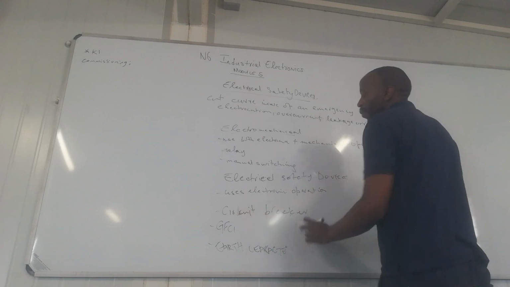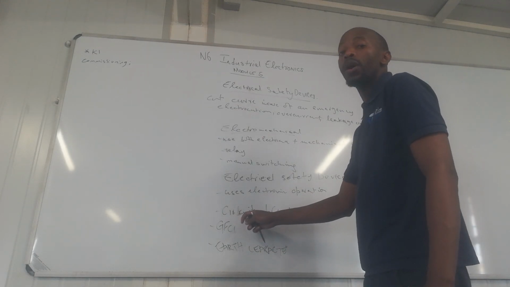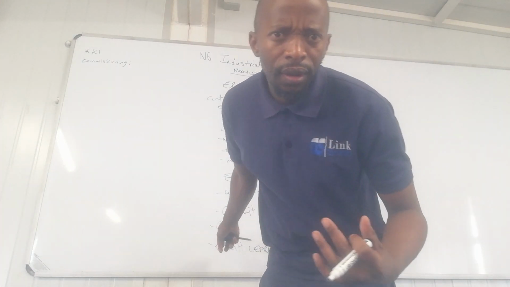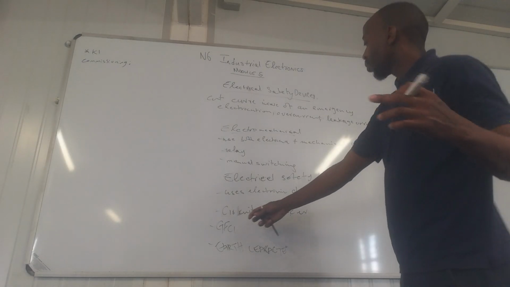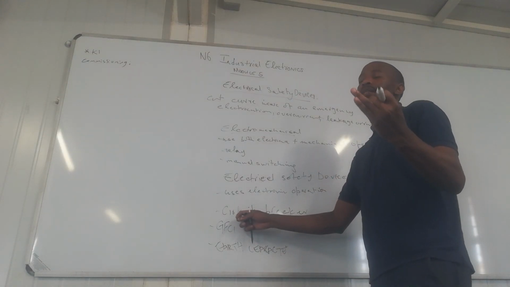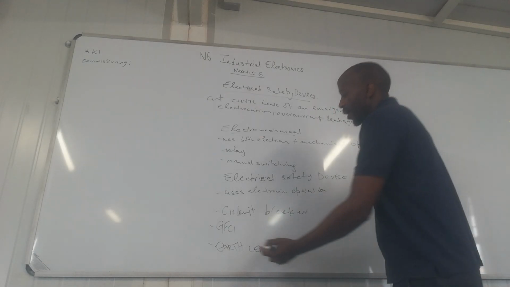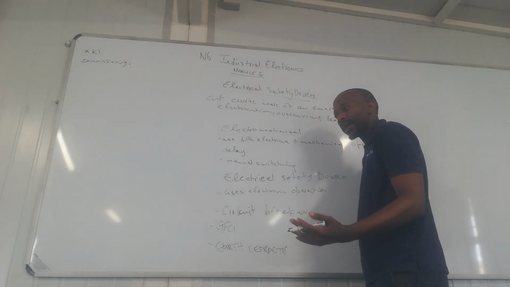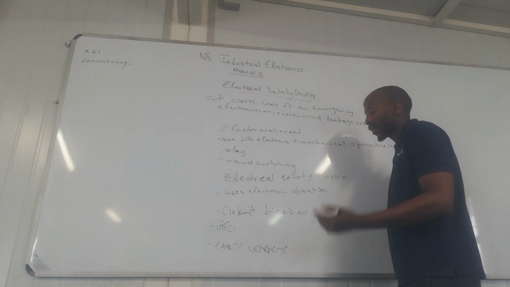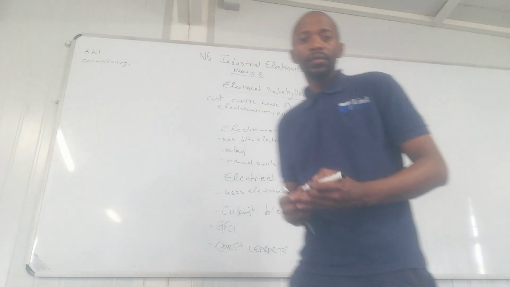The circuit breaker cuts the current in case of electrocution, overcurrent or short circuit. And then the earth leakage cuts current in case of electrocution, and it takes the leakage current to earth. The GFCI and the earth leakage are almost the same thing.